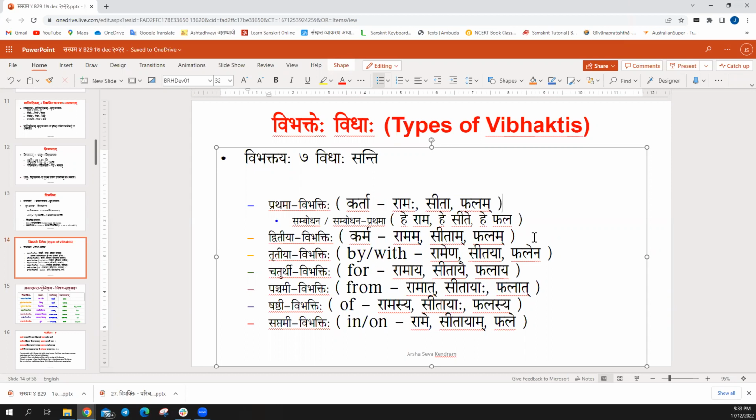Chaturthi Vibhakti, 4: Ramaya, Sitaye, Palaya.